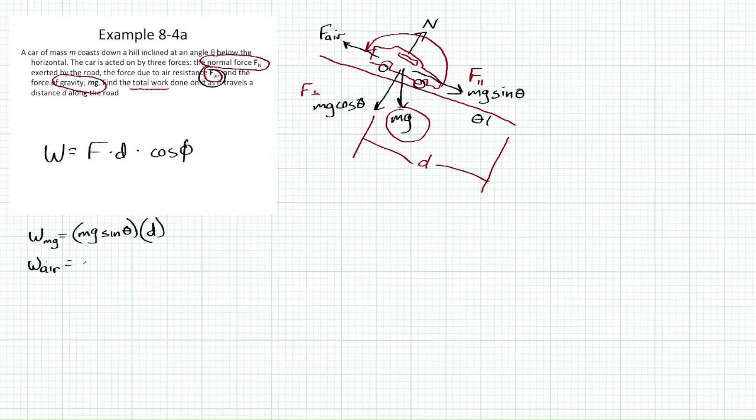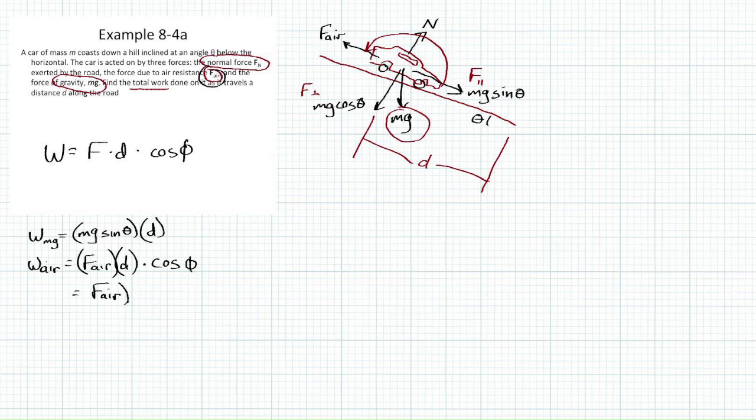So the work done by the air would be the force of the air times the displacement times cosine of phi, which in this case would be 180.